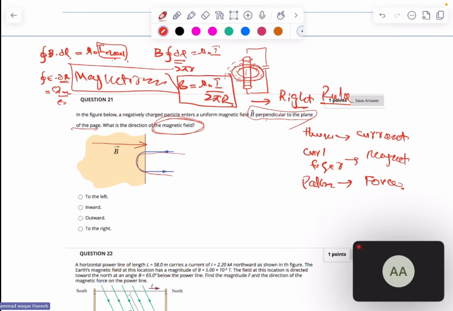If you apply your right hand rule, this direction will be your thumb, and then you curl your fingers like this. So it will be affected towards the left.